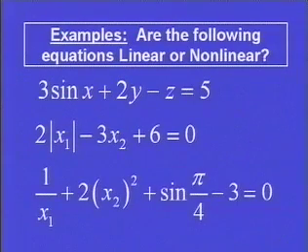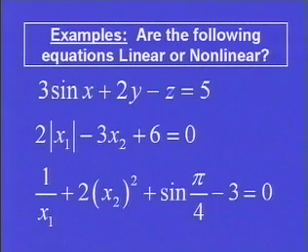The next example, we have 1 over x1 plus 2x2 squared plus sine of pi over 4 minus 3 is equal to 0. Here, the 1 over x1 presents a problem because that's x1 to the -1 power. We also have x sub 2 to the second power. That's not to the first power again, so that also presents a problem.